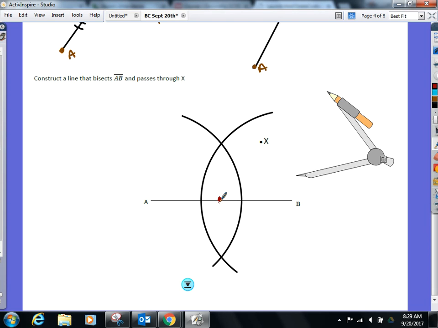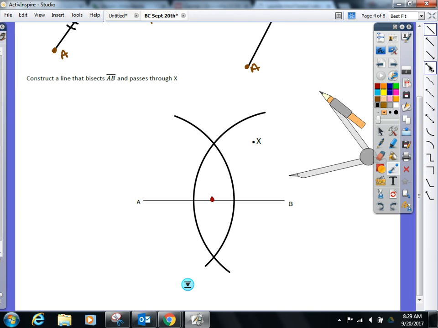And how do I make the line that goes through X now? Because I don't want to draw this. That doesn't go through X. Now I know it's going to go through the midpoint and it's got to go through X. So what am I going to do with my straight edge? Line them up. Go ahead, line them up. And draw in the line.